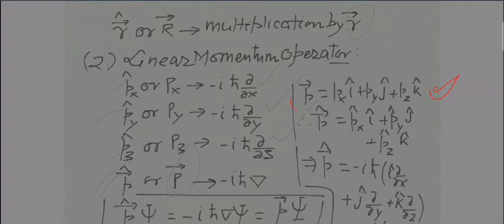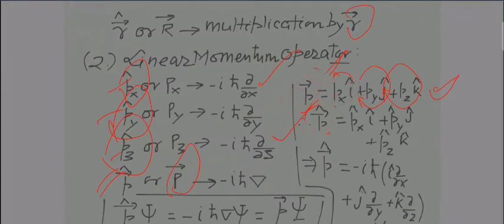Corresponding to every observable, there is an operator, right? So corresponding to this p observable, there will be the p hat operator. So p hat will come over here. Corresponding to this px observable, this operator will come. Corresponding to this py, this operator will come, and corresponding to this pz, this operator will come, right? So this is the thing.